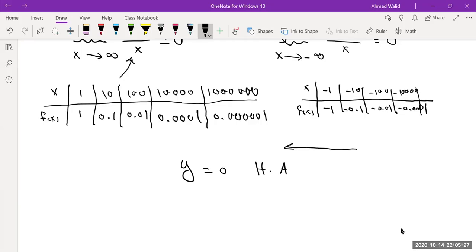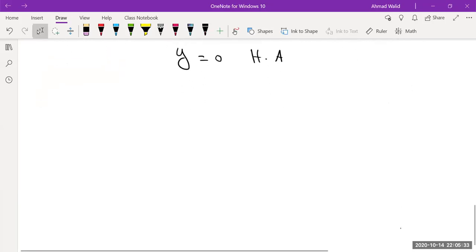This is the way that you find a horizontal asymptote, or in general, let me put some definitions for you here.